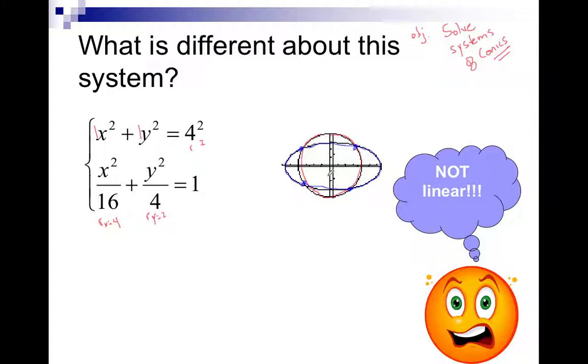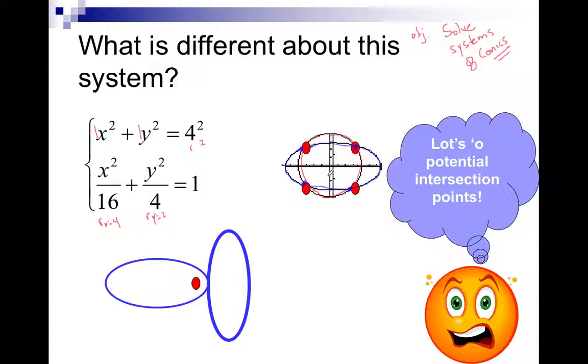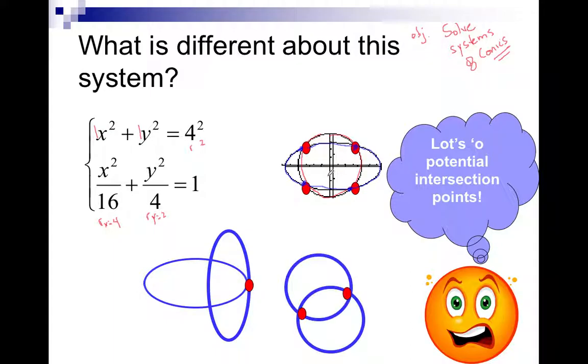I have a possibility where I have 4 points of intersection, but it doesn't have to be 4, right? There's those 4. That might be true. But you might have an ellipse that only intersects once, intersects 3 times, intersects twice, right? Those two ellipses look kind of circular.